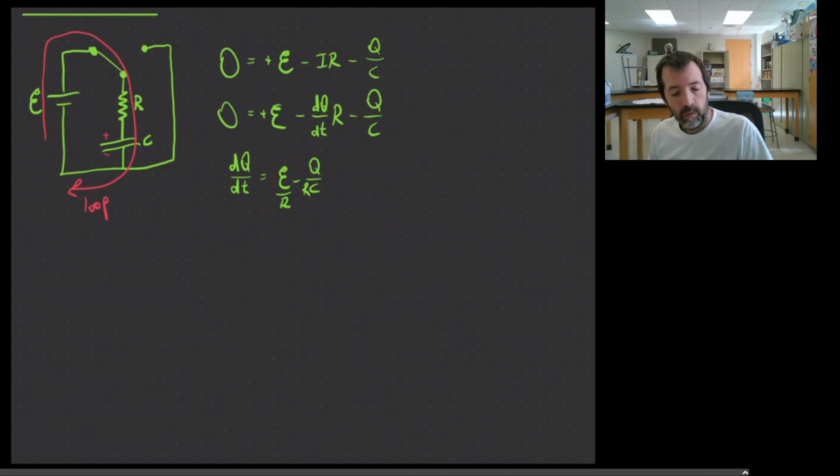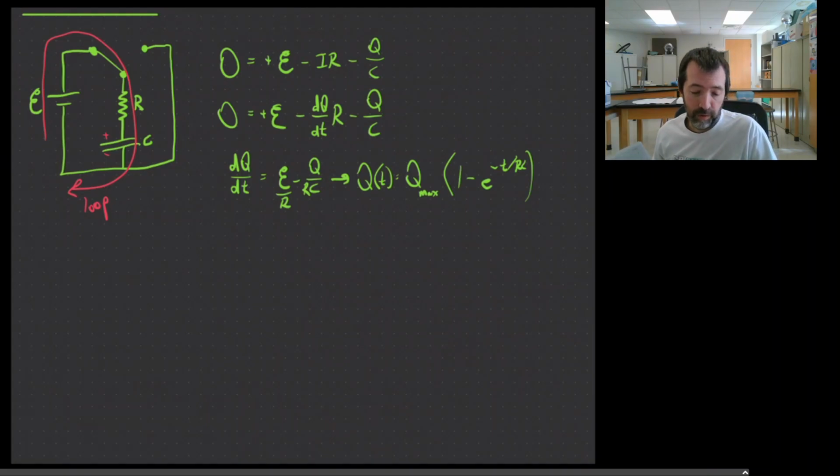So the solution ends up being what I showed you before. Q of t is going to be your maximum value of Q, when you're approaching full charge, times 1 minus e to the negative t over RC. And if you don't believe me that that's the solution, go ahead and take the derivative of it, see what happens.